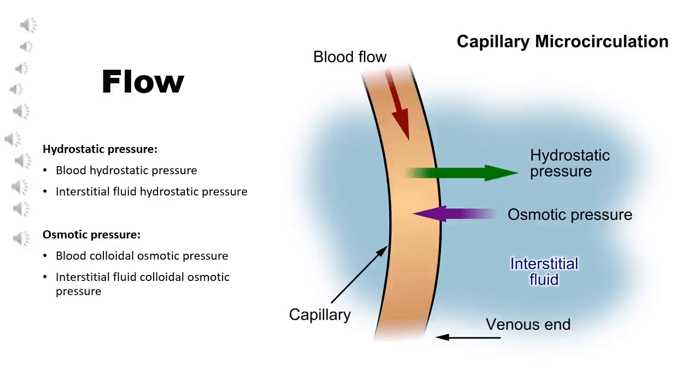Blood hydrostatic pressure is the force exerted by the blood confined within the blood vessels or the heart chambers. Even more specifically, the pressure exerted by the blood against the wall of a capillary is going to be called the capillary hydrostatic pressure, and it's the same as the capillary blood pressure. The capillary hydrostatic pressure is the force that drives fluid out of the capillaries and into the tissues.